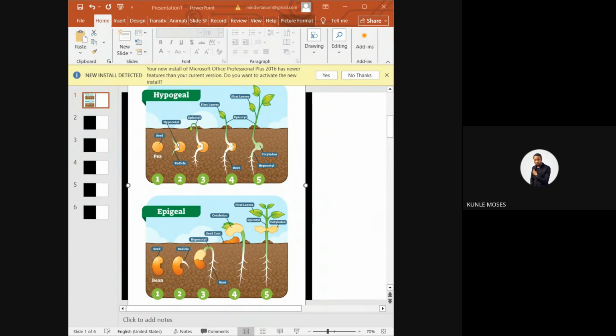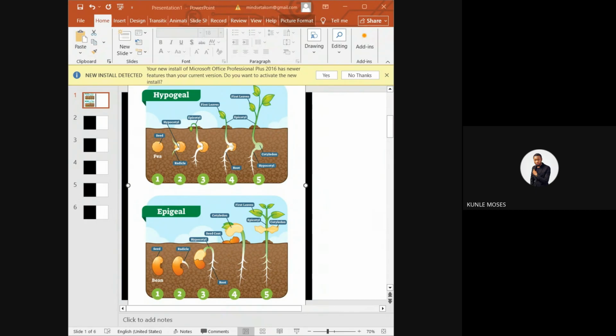The process is the same. For example, the first stage, stage one, is that the seed will absorb water. Same thing applies to hypogeal germination and epigeal germination. The second stage is also the emergence of the radicle. The radicle will emerge and go downward, which will also form the root. Same thing as hypogeal. The epicotyl emergence also begins to show later, which is stage 4.